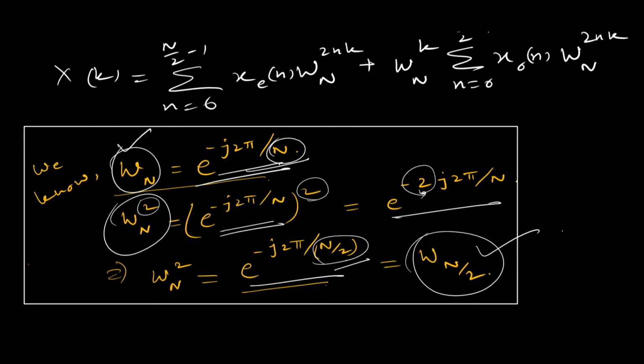And that is one of the properties of the Twiddle factor, the radix relationship, which we were discussing in the starting. So we can replace this W_N squared with W with radix N by 2, in here and at this place. Okay, so let us rewrite the equation.